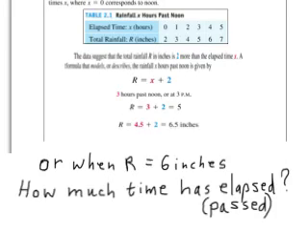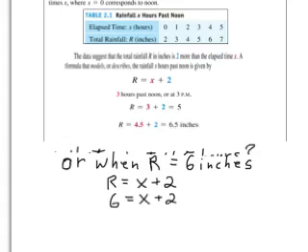What if we want to work from the R, the amount of rainfall? So when the rainfall is 6 inches, how much time? So now we're going to figure out what the X is. How much time has elapsed? Well, when R is 6 inches, we plug in the 6 for R, so we have 6 equals X plus 2. So what does X have to equal?